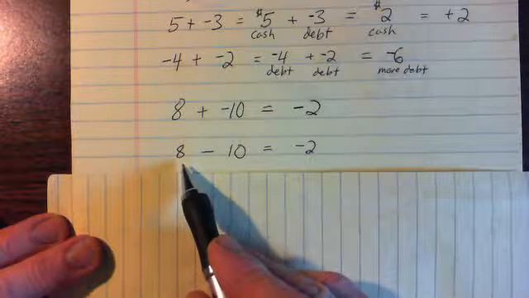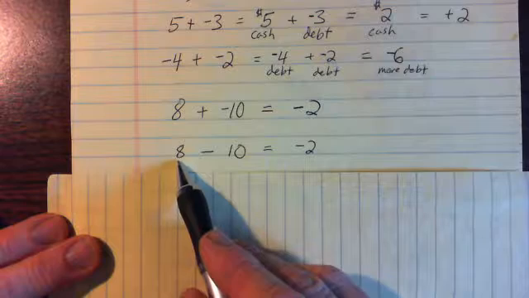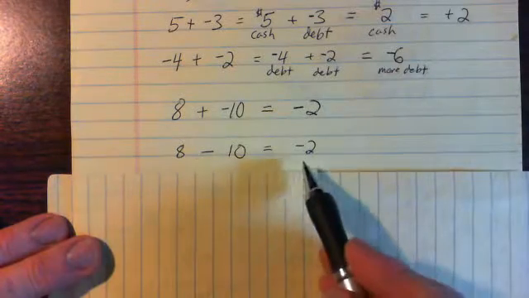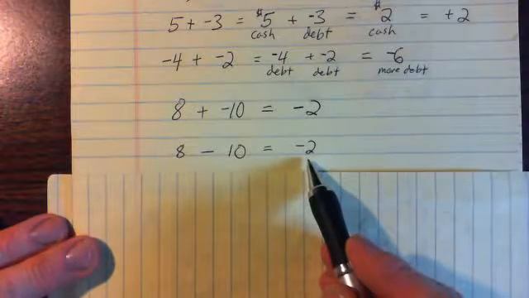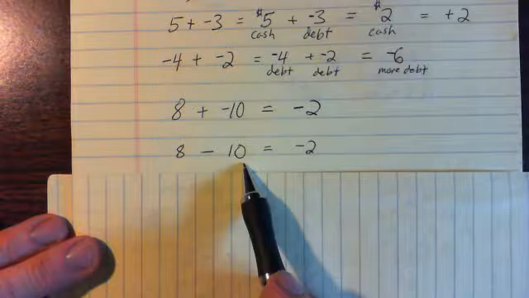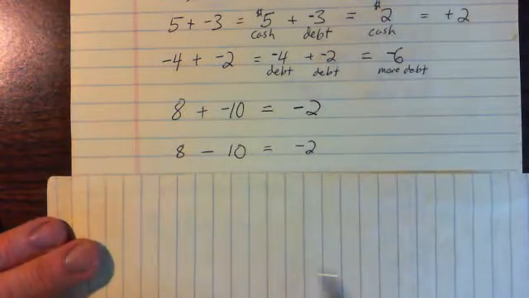Now that is the same thing as 8 minus 10. If you have $8 of cash and you spend $10, well, you end up negative, don't you? So you see that adding negative 10 and subtracting 10 is the same result.